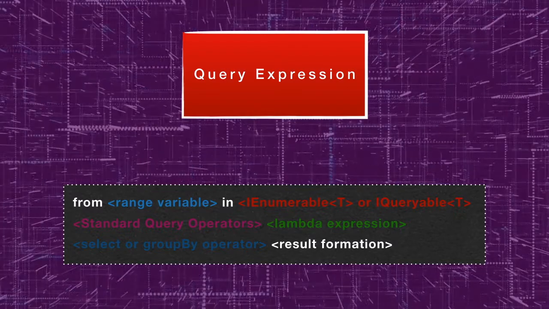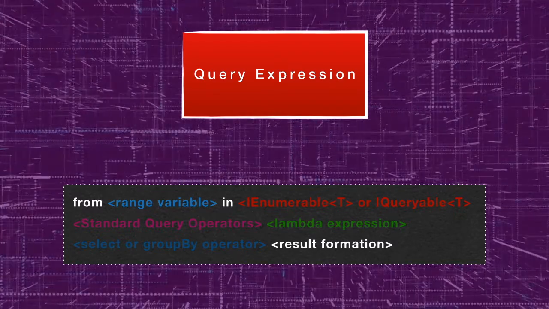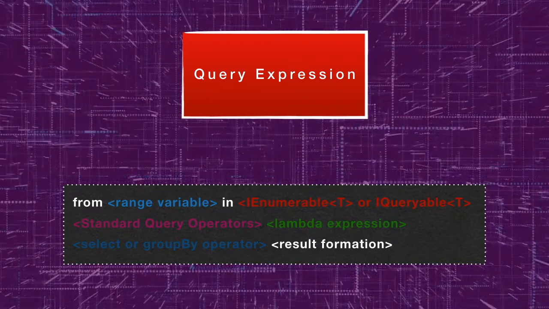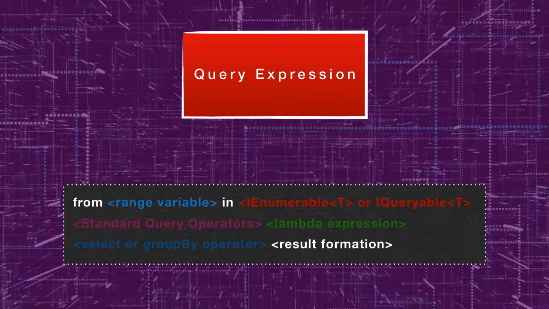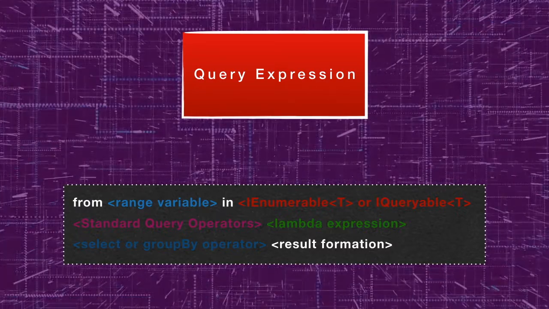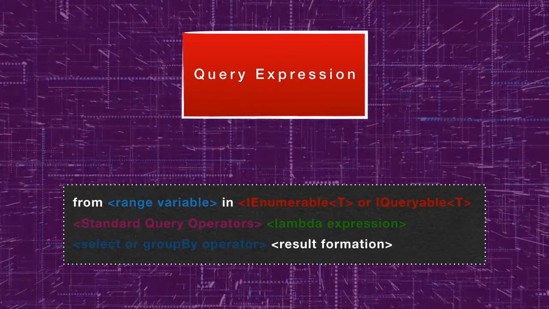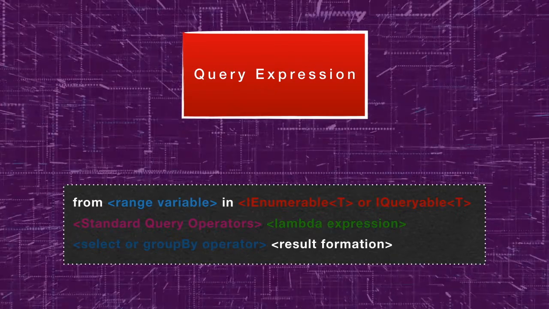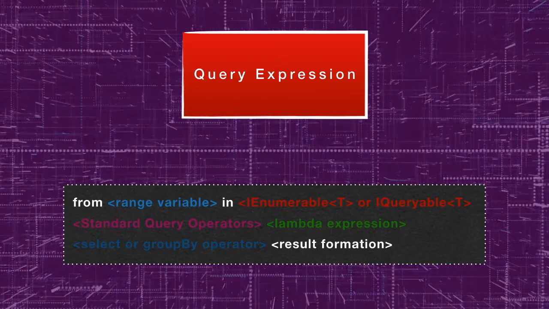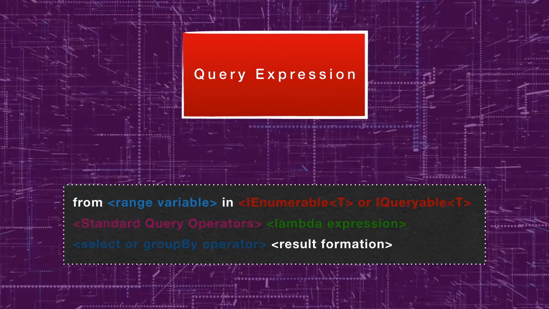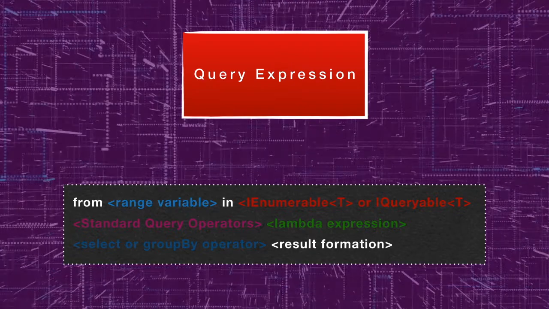It may be a lambda expression or conditional expression. And the next thing is we are selecting the data using the select or GroupBy operator, and we are just returning that in a result. This is very similar to SQL, but the only thing is it's the reverse of SQL. So that is the whole point.